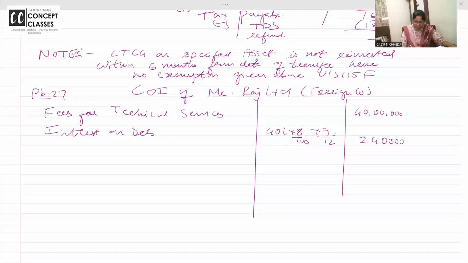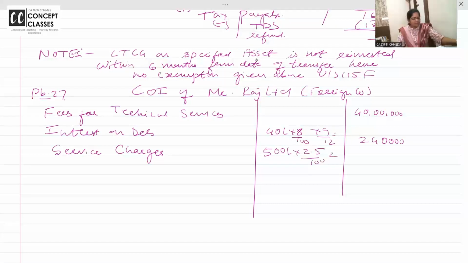Service charges: 2.5% of 500 lakhs of machinery, 2.5%, that is 12,50,000. Just go on writing the list.